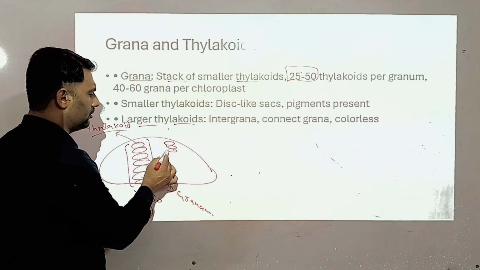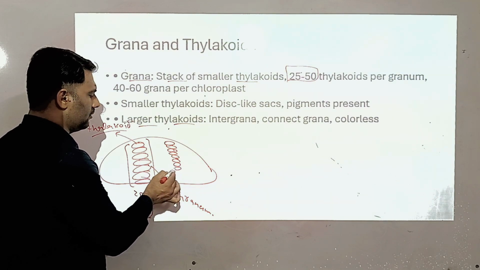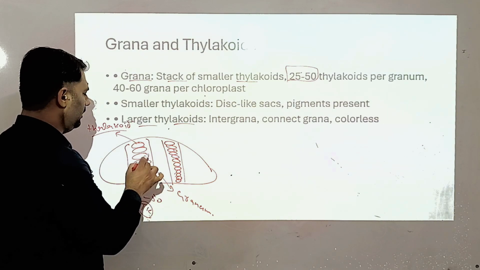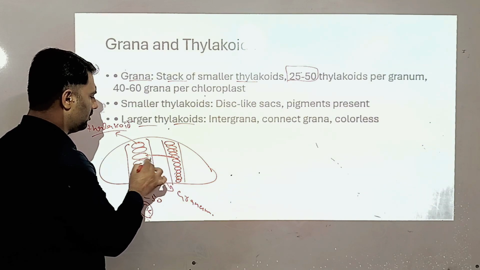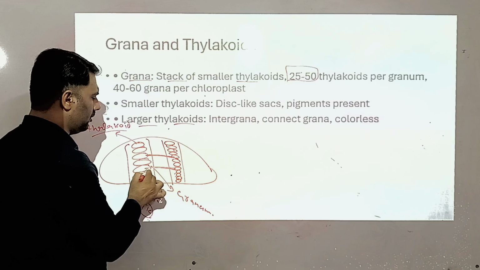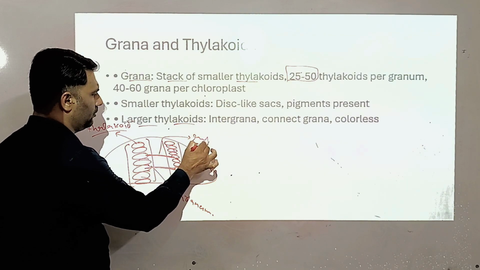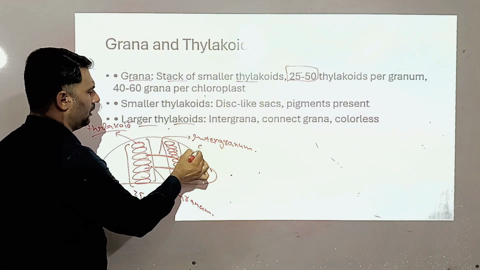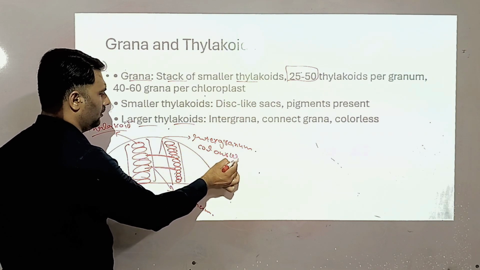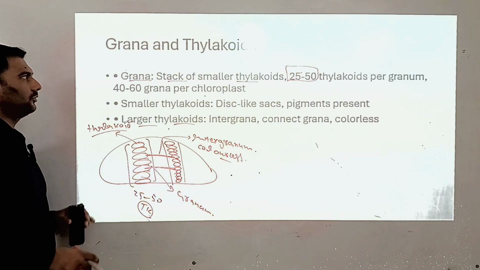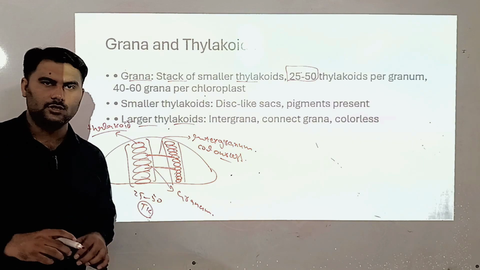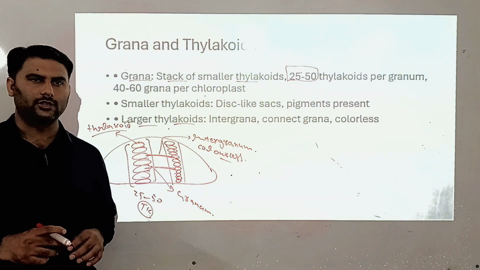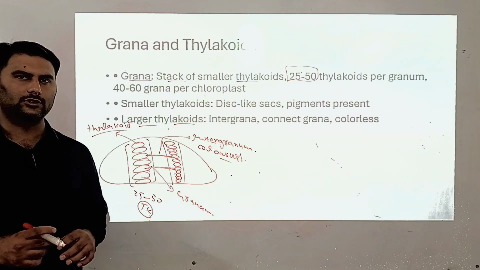For example, this is also a grana, and these are smaller thylakoids, and this structure is a larger thylakoid, which is intergrana, and this is colorless. It does not contain any color. So that was all about the plastids, and particularly the chloroplast. Thank you.